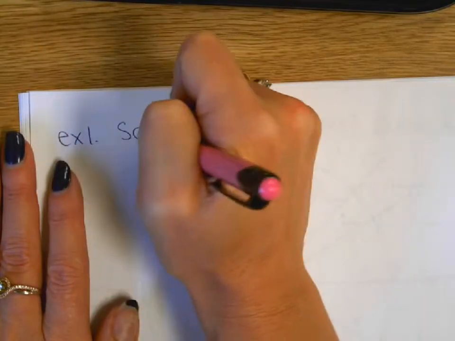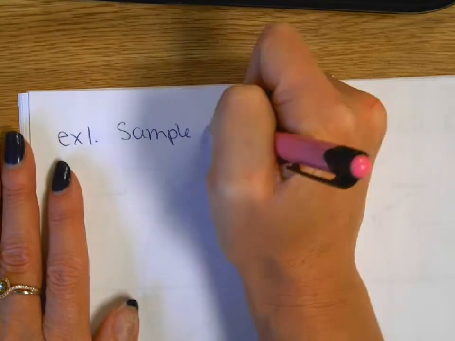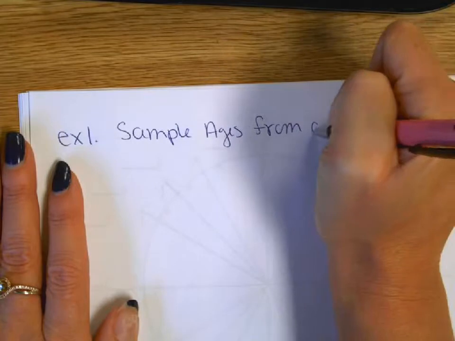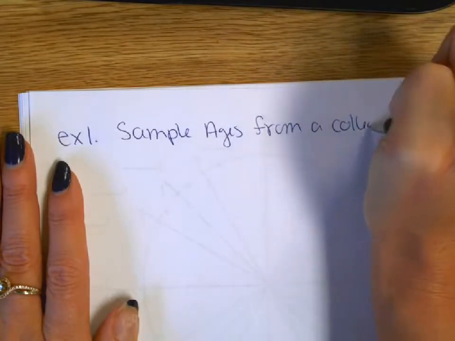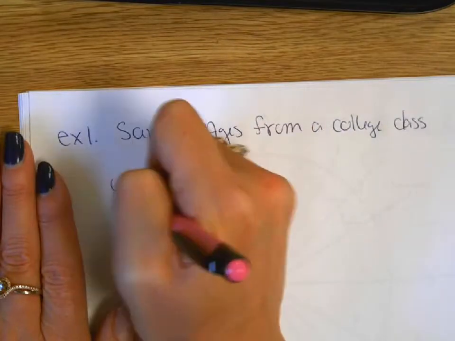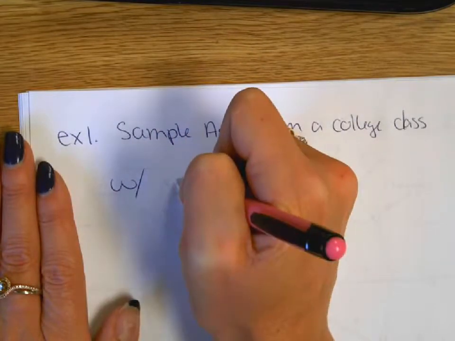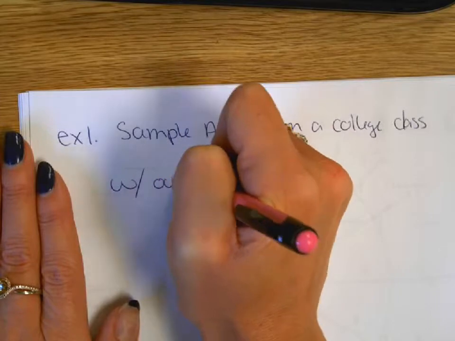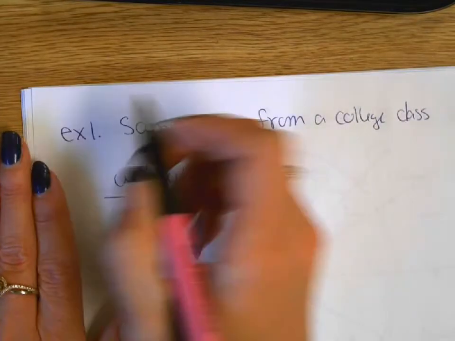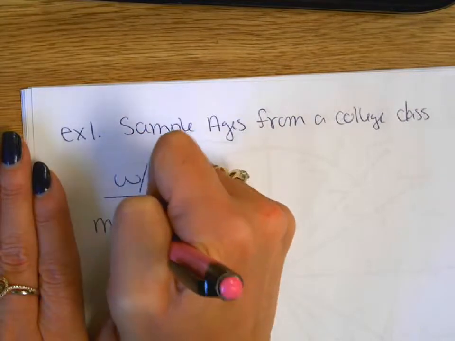The sample ages from a college class. So we're going to leave the old guy in there. So we're going to look at it with the outlier, find the mean, the median, and the mode age.